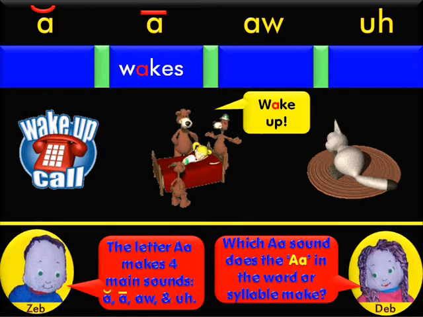Did you figure it out? Well, that means that you are wide awake. Now notice our pictures. We have a wake-up call. We have the three bears saying to Goldilocks, "Wake up!" And then we have that cat who was asleep, and now he or she is awake.